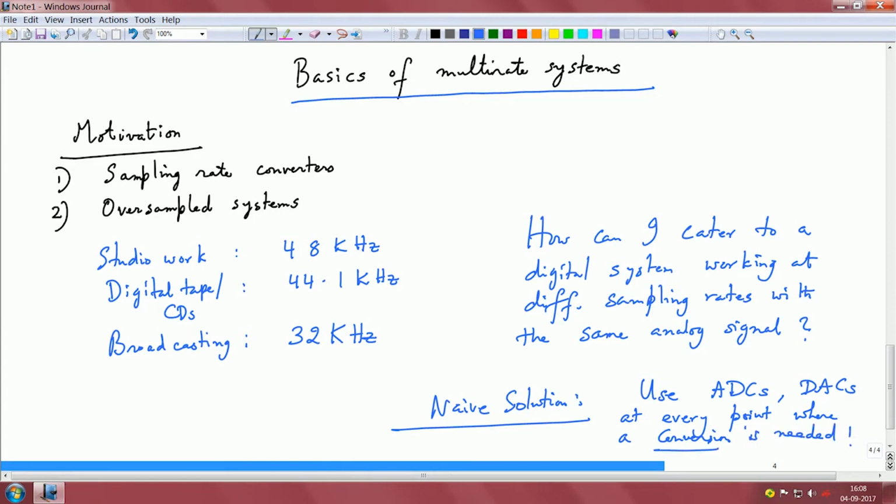But there is also a cost. You cannot buy these ADCs very cheaply, it is not possible to buy them, right. So, that is prohibitive. If you have various systems which require different sampling rates, I can't use ADCs and DACs at every point in the system. So, therefore, we need to do something clever.